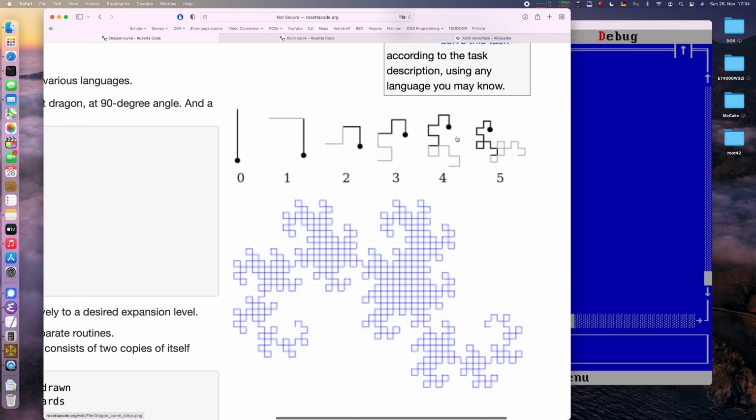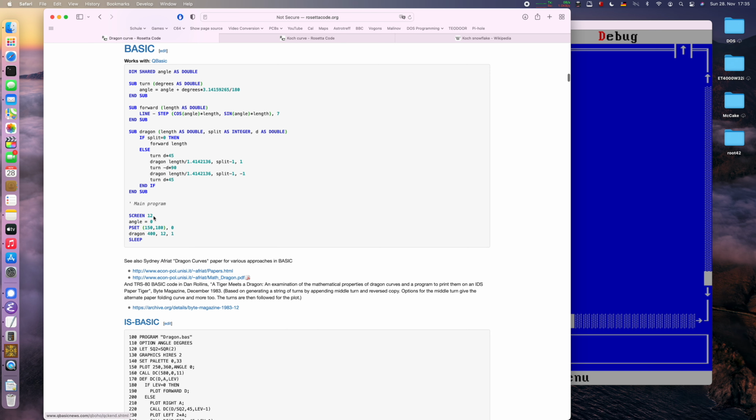But we will not look at this, but the nice thing here is there is a very simple QBasic implementation which I again use as a starting point, but I ripped apart some things. I kept the turn and forward thing, and we will re-implement a new function called Koch, and also the f operation which will apply the L system. So this was the starting thing.